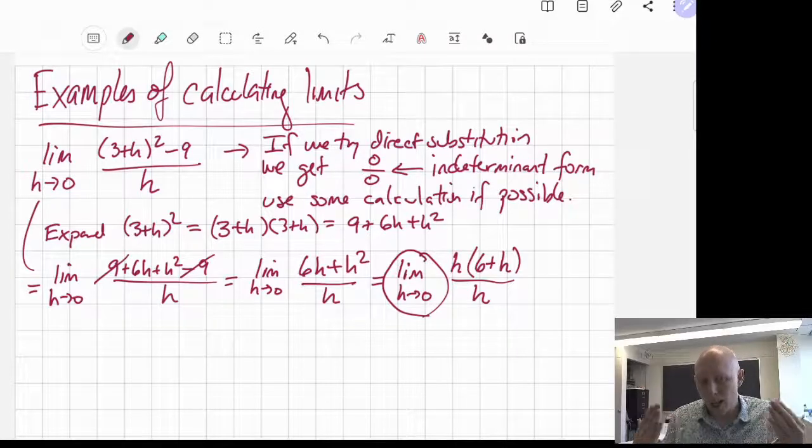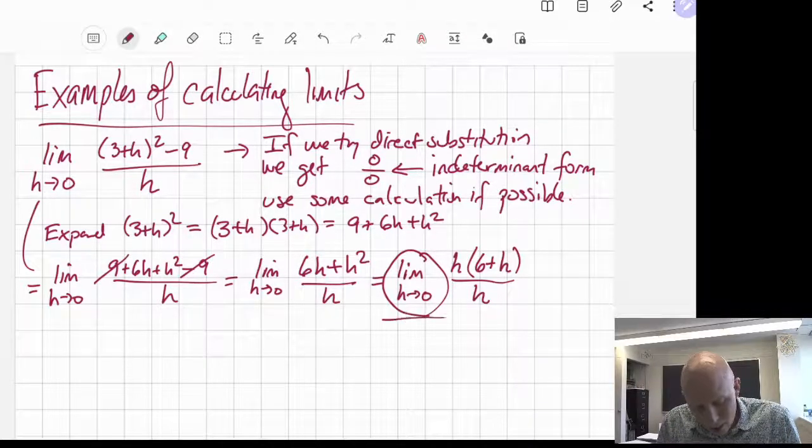So we'd like to divide the numerator and the denominator by h, but we can't just say that is equal to 6 plus h because they're not the same function. We talked about that in class. When you have functions that are defined on different domains, they're not exactly the same function.